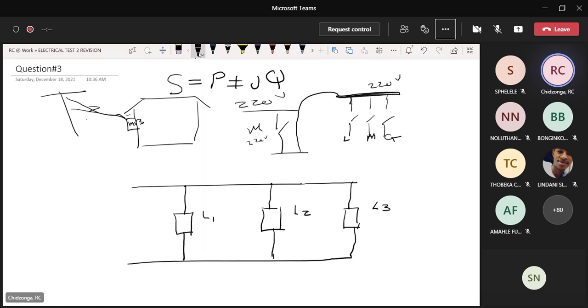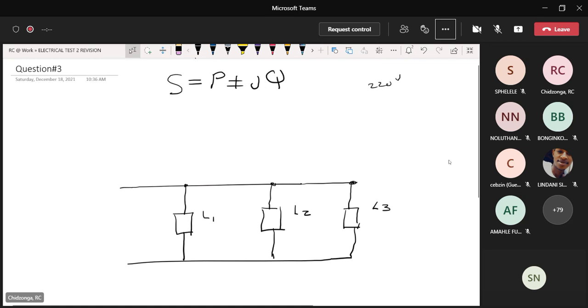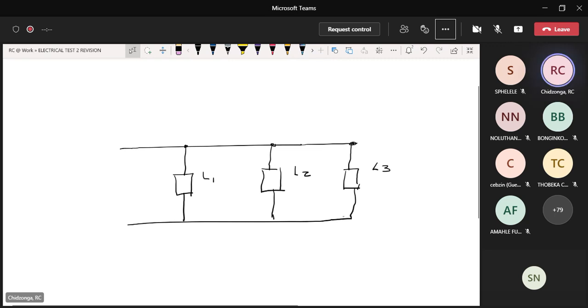Because they all come from the same source, every load is supplied at the same voltage. Instead of saying a house, you just put the word factory, but it's one and the same thing. What I did not do is put a source here. The source is known as 220 volts. So that's just a picture. So this is our load.